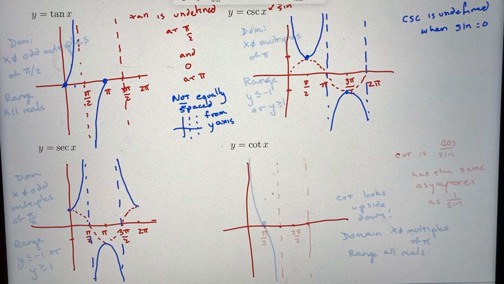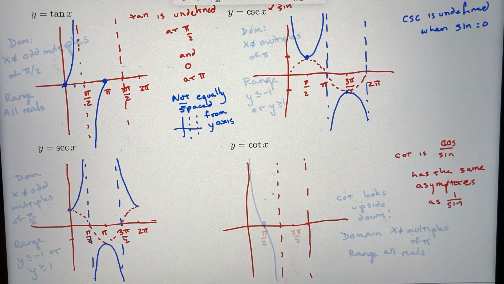So notice cotangent has the same asymptotes as cosecant because they both have dividing by sine, and it's the dividing by 0 that causes the asymptotes.